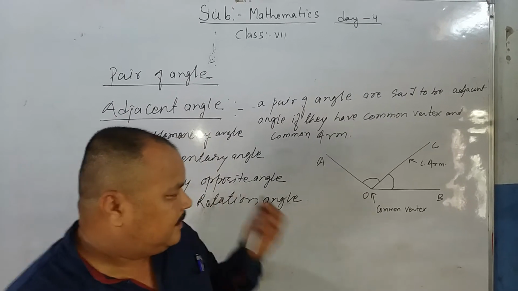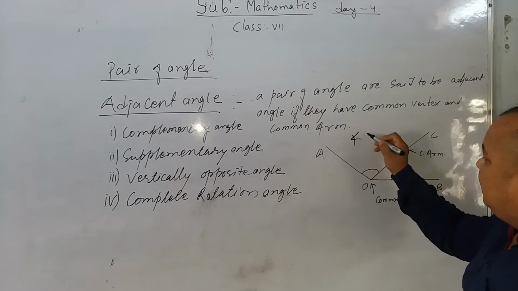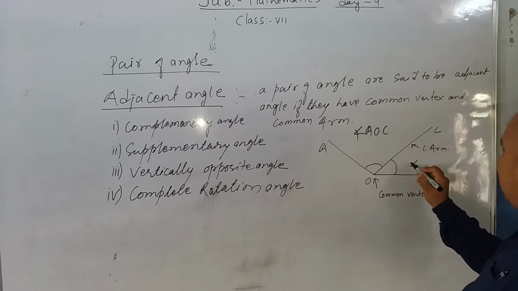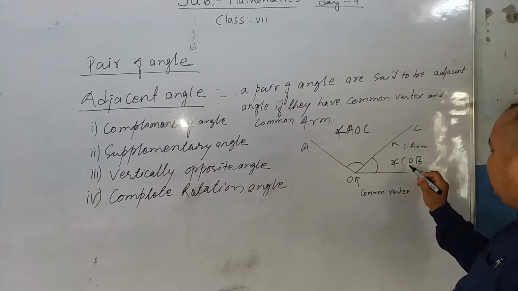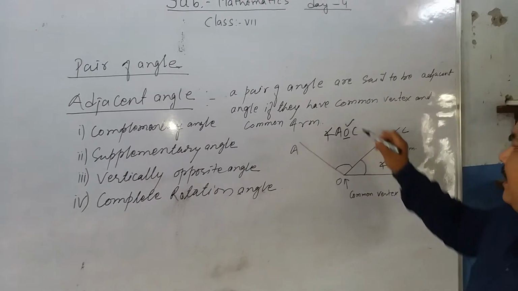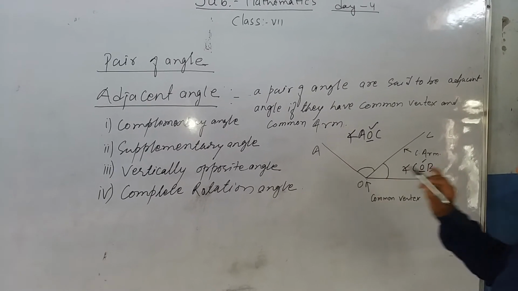So, dear friends, look here. This angle's name is angle AOC, and this angle's name is angle COB. Both angles are formed at vertex O, so it is common.